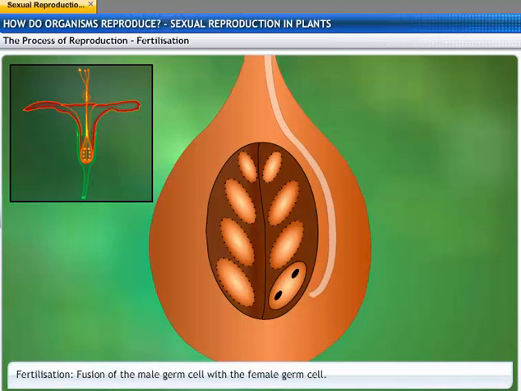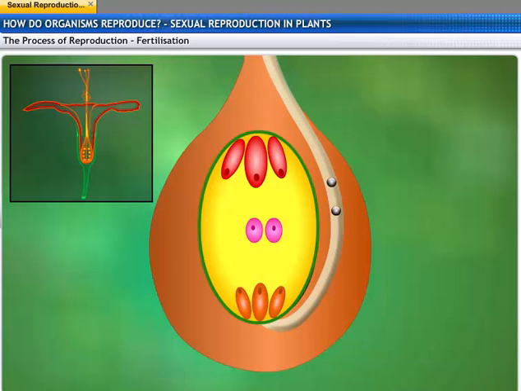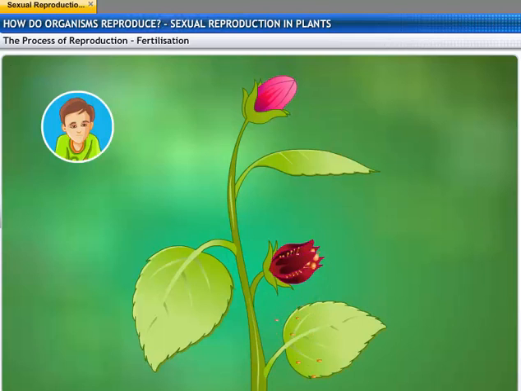During fertilization, the male germ cell produced by the pollen grain fuses with the female germ cell present in the ovule. This fusion of two gametes or germ cells is also called syngamy. Syngamy produces a zygote, which is capable of growing into a new plant. So then the seeds that we see are zygotes?